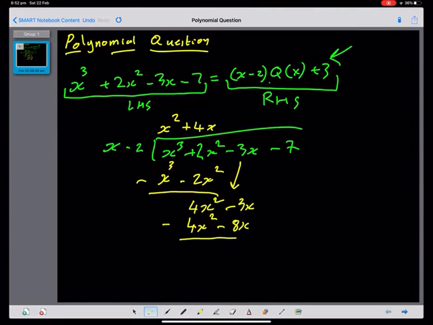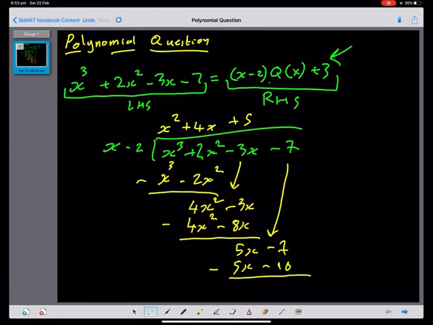Subtract. The 4x squareds go. We've got 5x, bring down the 7. Then 5 times x minus 2 gives 5x minus 10. Okay, subtract it out, and we are left with 3.